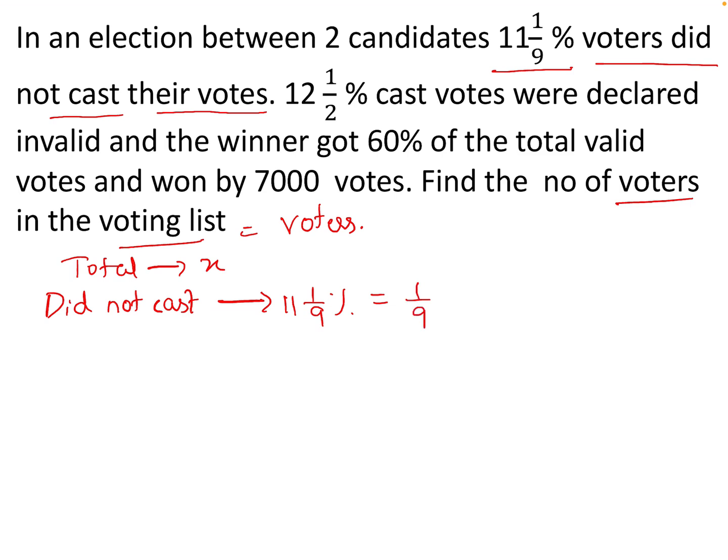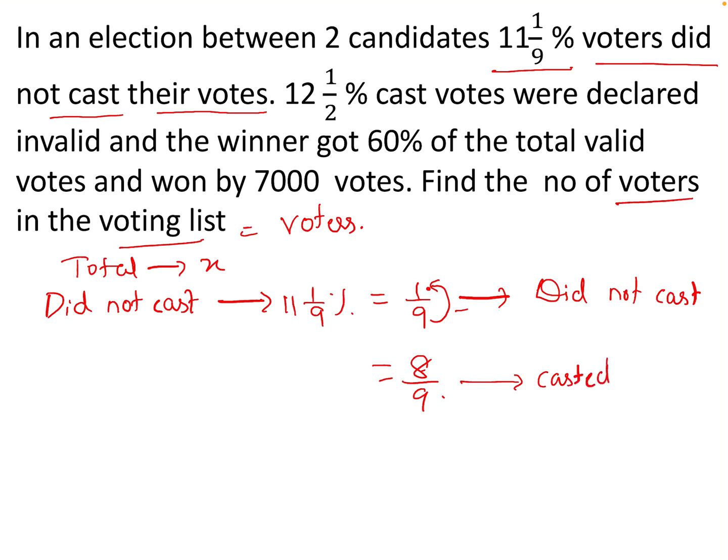So 1 by 9 people did not cast. So how many cast their votes? From 9, if 1 did not cast, then 8 by 9. From 9 parts, if 1 part did not cast, 9 minus 1 is 8. So 8 by 9 cast their votes.